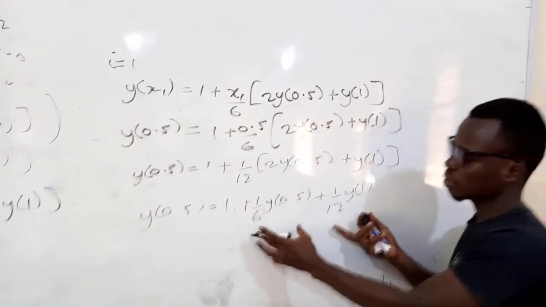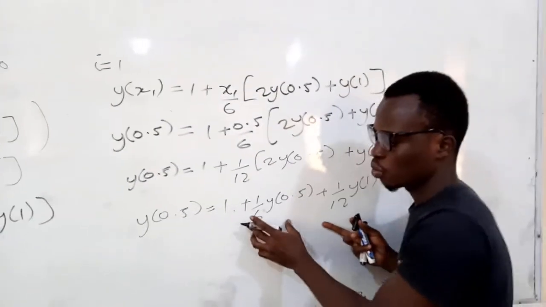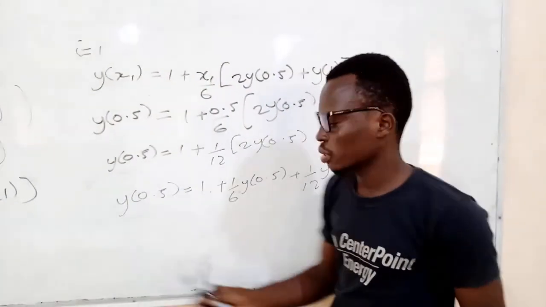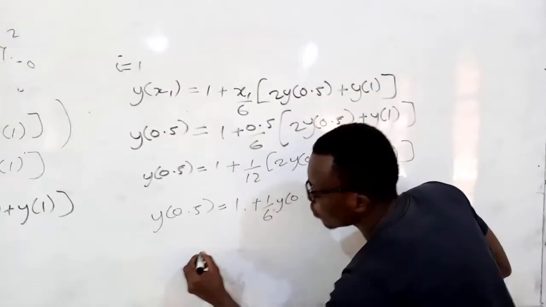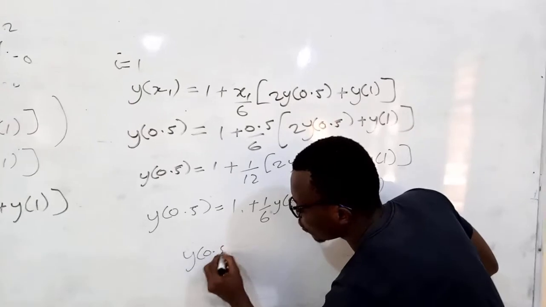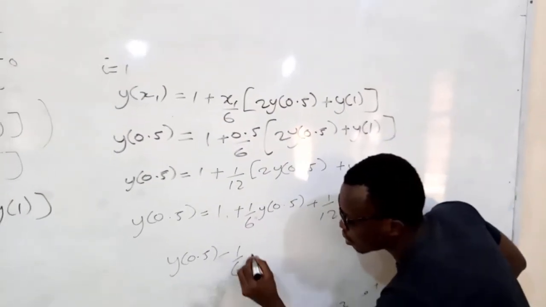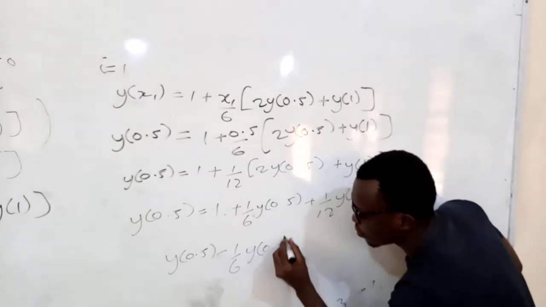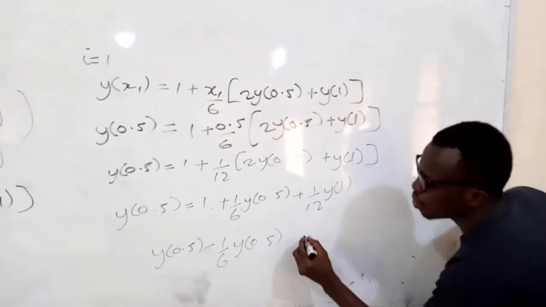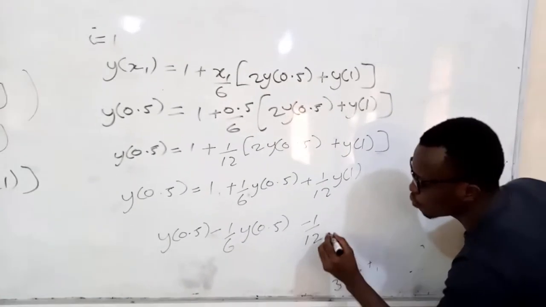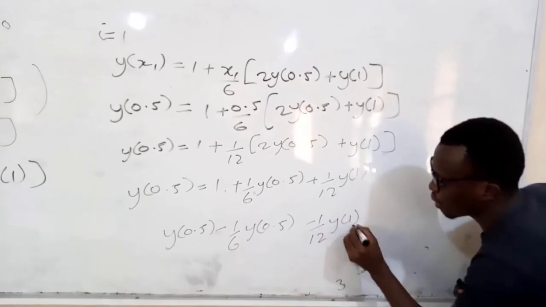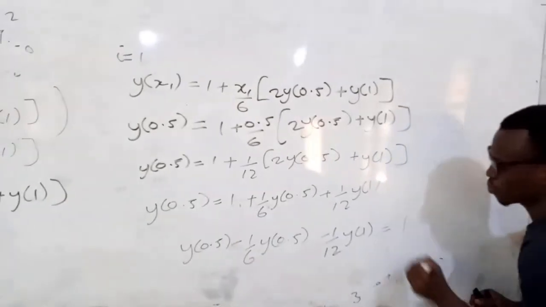Now let's send the unknowns to this side. So I'm going to have y of 0.5 minus 1 out of 6 y of 0.5 minus 1 out of 12 y of 1 equal to this 1.